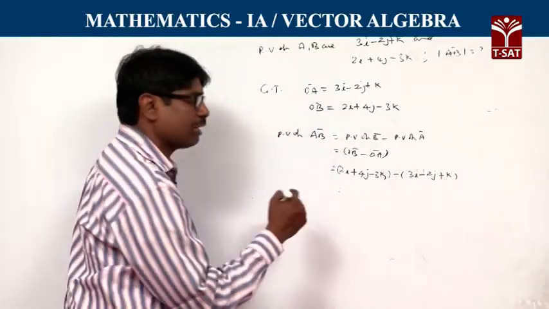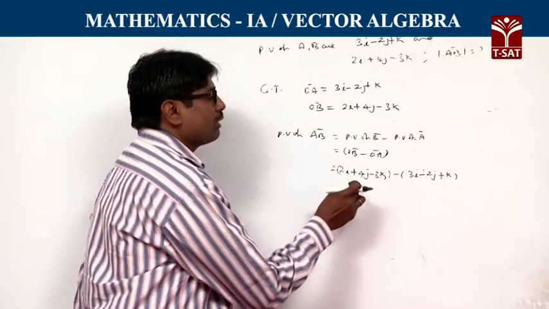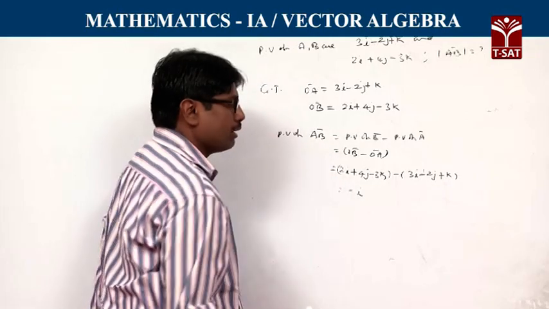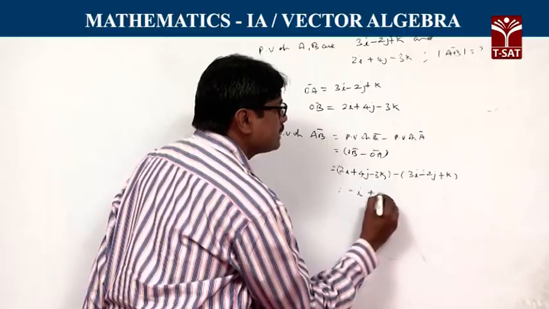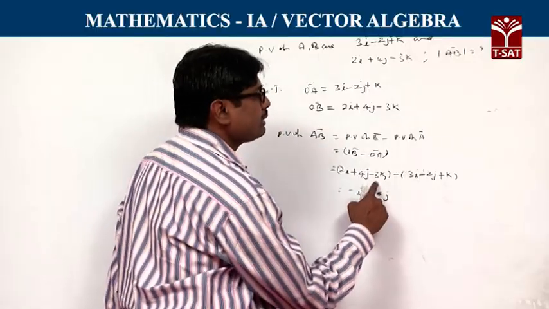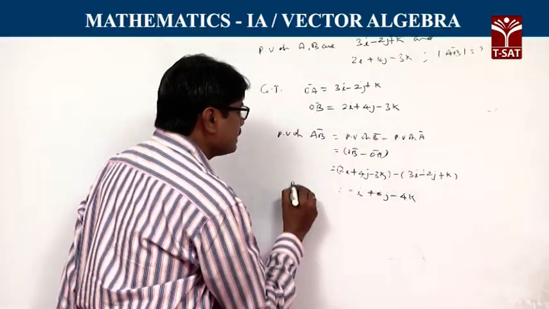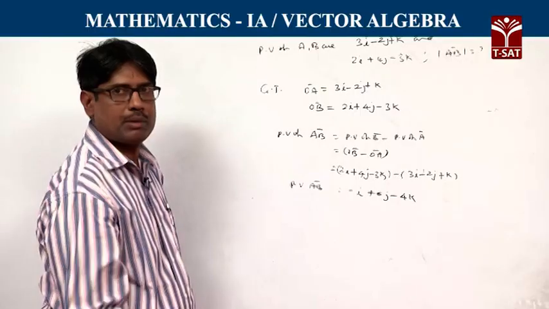Finding the position vector of AB bar, then go for its magnitude. By vector subtraction, 2i bar subtracted by 3i bar, that is minus i bar; 4j bar subtracted by minus 2j bar, that will be 6 times j bar; minus 3k bar minus k bar, minus 4 times k bar. So this is the position vector of AB bar, but we want the length of AB bar.